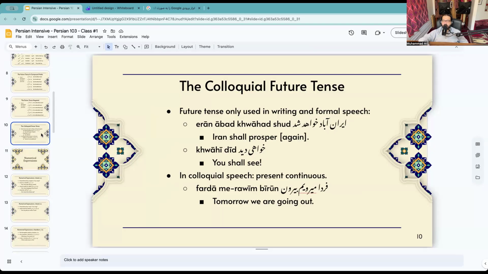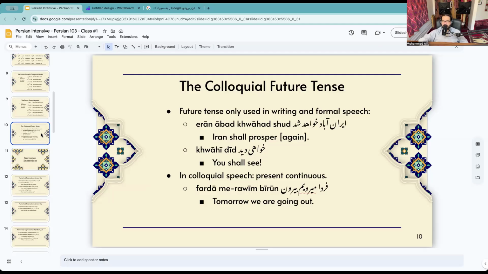You just say, tomorrow we're going out. Just like in Persian, farda, tomorrow, miravim, we are going, birun, out. It's actually word for word in this case. So we do the same thing. We specify the time, and then we have a present continuous conjugation. And this is the same sense as English.